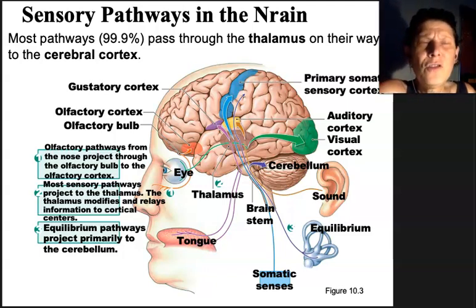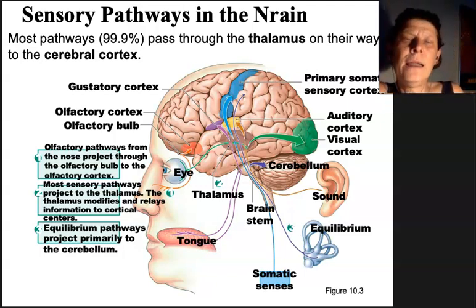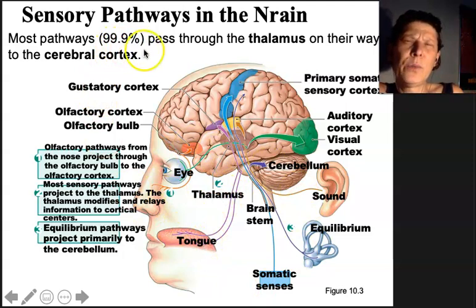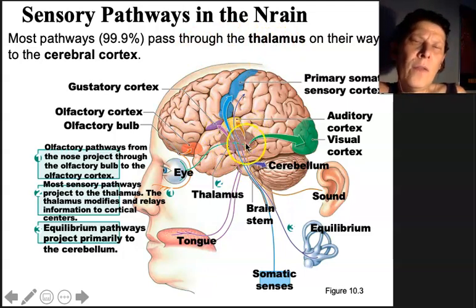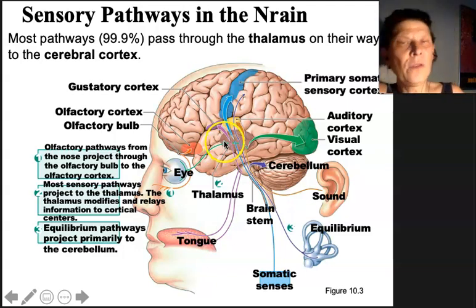So each major division of the brain processes one or more types of sensory information. Again, it depends on which one we're talking about. Most pathways, 99.9%, pass through the thalamus, because it is the sensory relay station. The thalamus edits the sensory information and then sends it to the particular location because of the association with the neurons being stimulated.